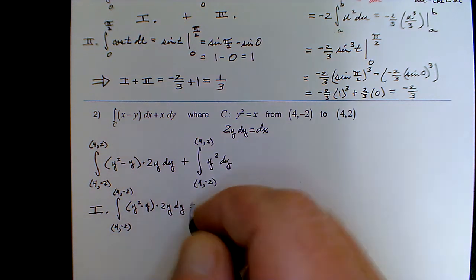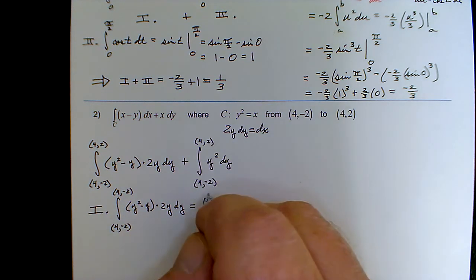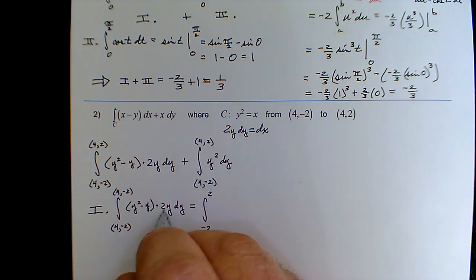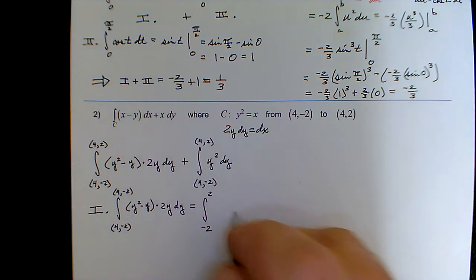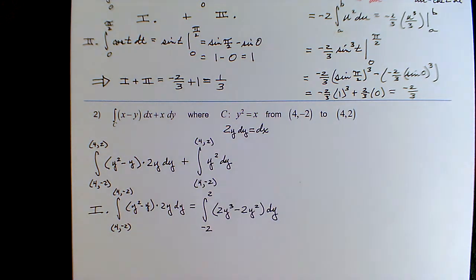Actually, I'm not going to bring out the 2. I'm going to rewrite this as the integral from -2 to 2, because now I'm explicitly in terms of y. And here I could just distribute the 2y. Make this 2y cubed minus 2y squared with respect to y.